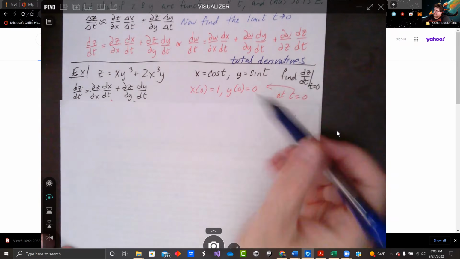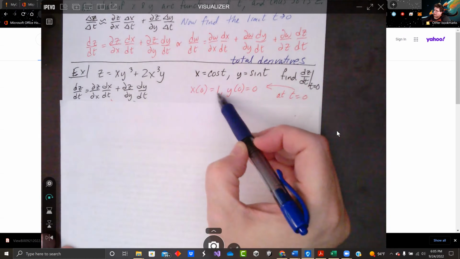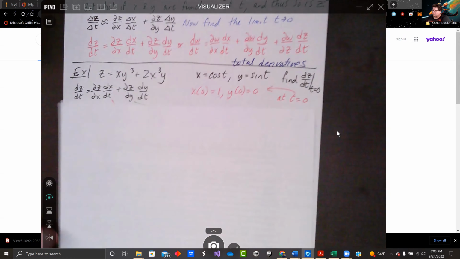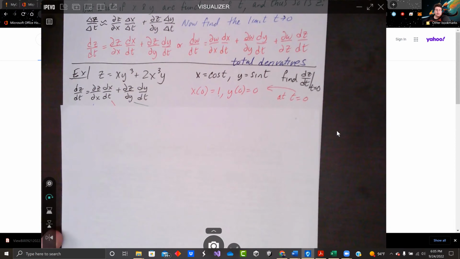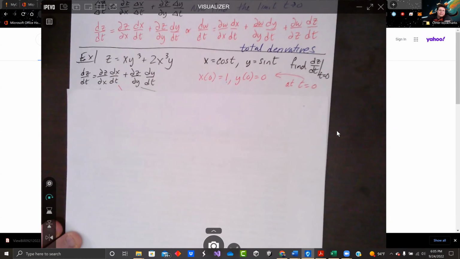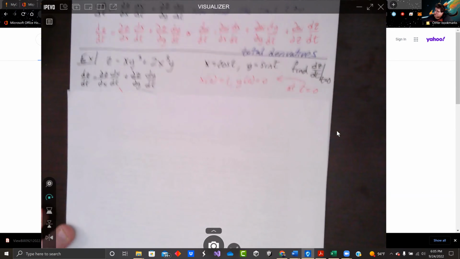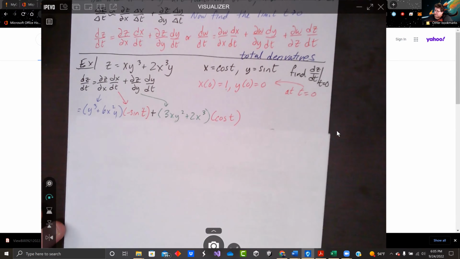So we can see if we evaluate at t equals 0, x is 1, and y at 0 is 0. Our total derivative dz dt is partial of z with respect to x times dx dt, plus the partial of z with respect to y times dy dt. Let's just figure out what those are.